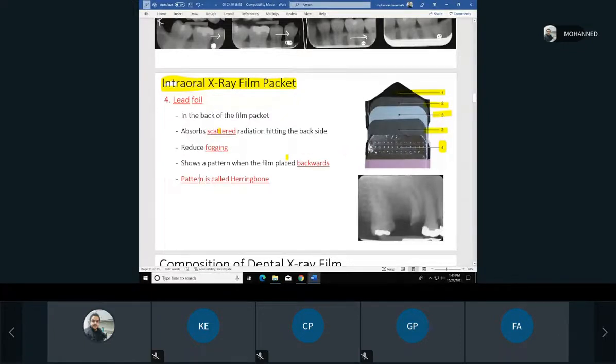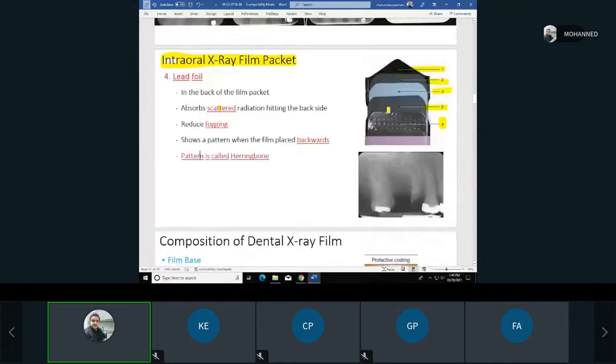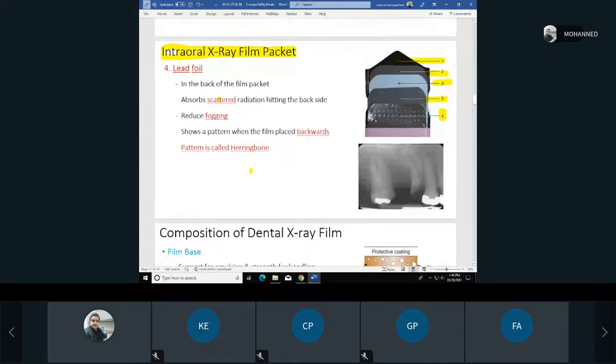All good? Now we're going to talk about what's inside of this film that will actually cause the X-ray to appear. What will make exposing a film to radiation able to show us an image on that film? Okay, let's take a look.